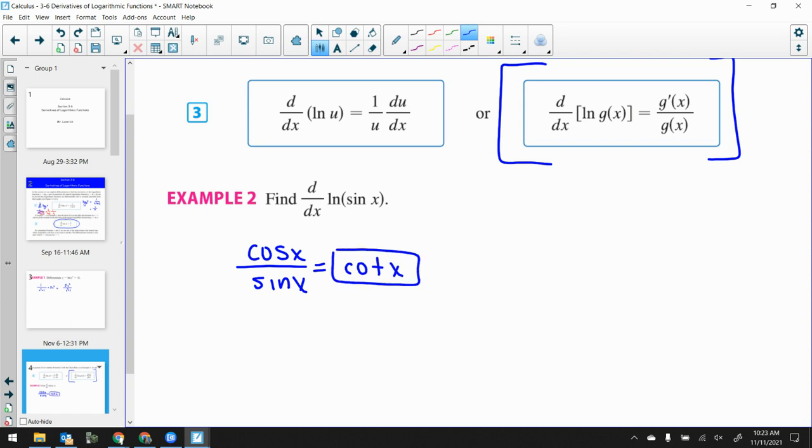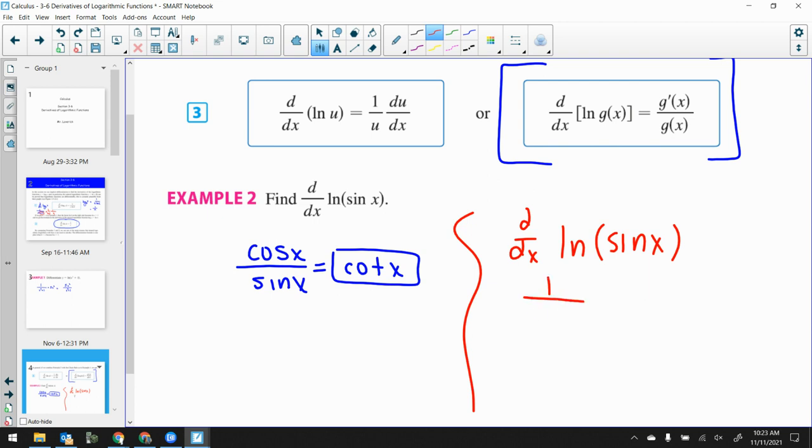Now, do we have to learn that rule? I mean, no. If I didn't use that rule and I just applied the chain rule, does that still work? Of course it does. I would take d over dx of ln of sine of x. The derivative of ln is 1 over that thing multiplied by the derivative of the inside. Well, the derivative of the inside was cosine x.